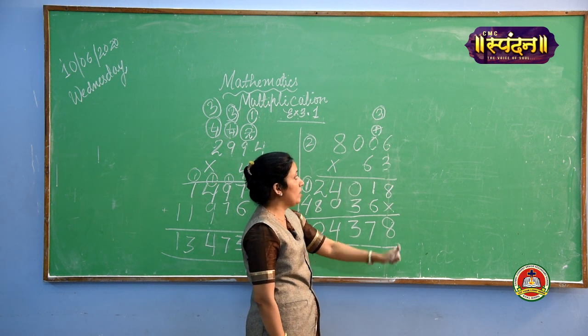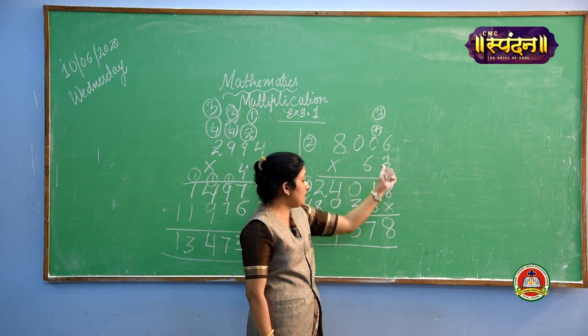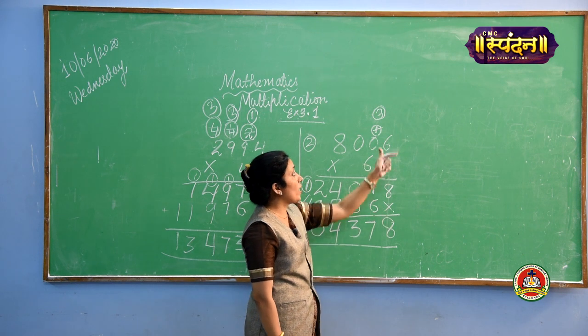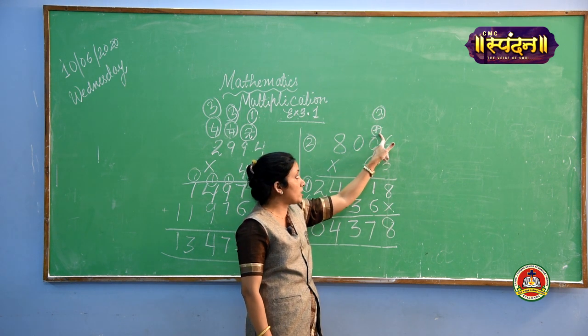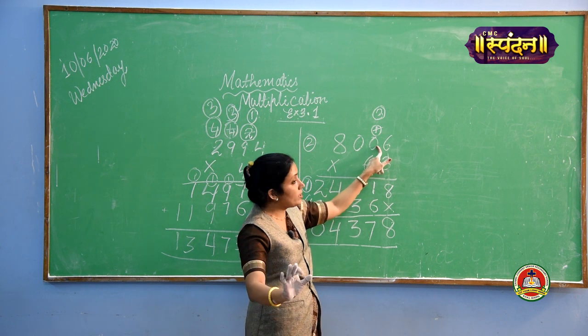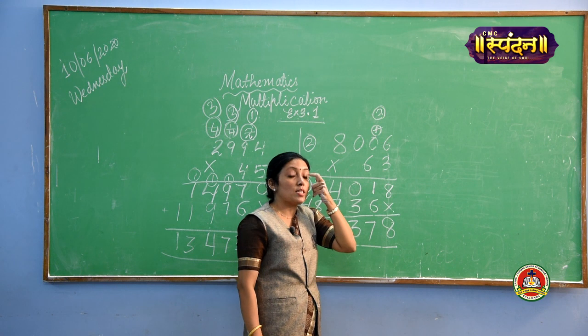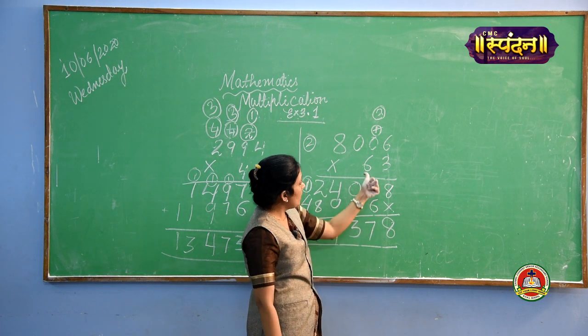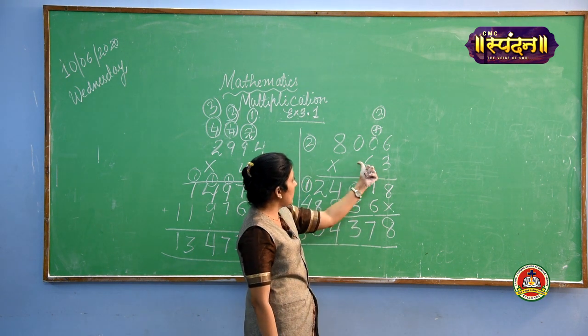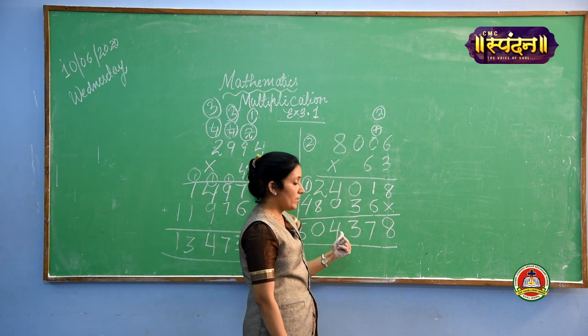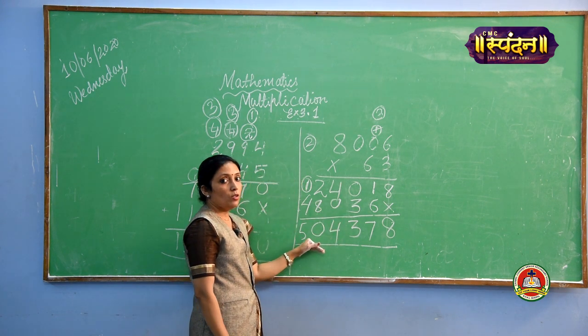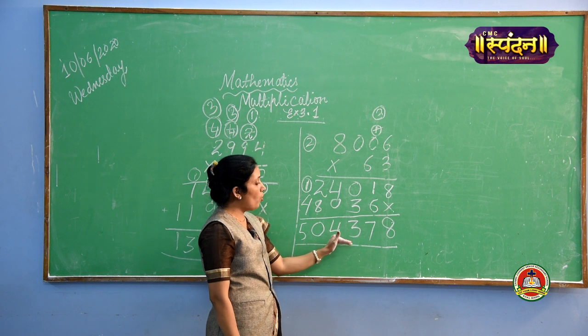Yes, this is over. Now my second digit is 6, and 6 6s are 36. So again a carryover, so I have put a cut here. Now 6 zeros, I know it is 0, but what do I need to add? 3, so 0 plus 3 is 3. Again 6 zeros are 0, then 6 8s are 48. So what is my answer, children? 5 0 4 3 7.